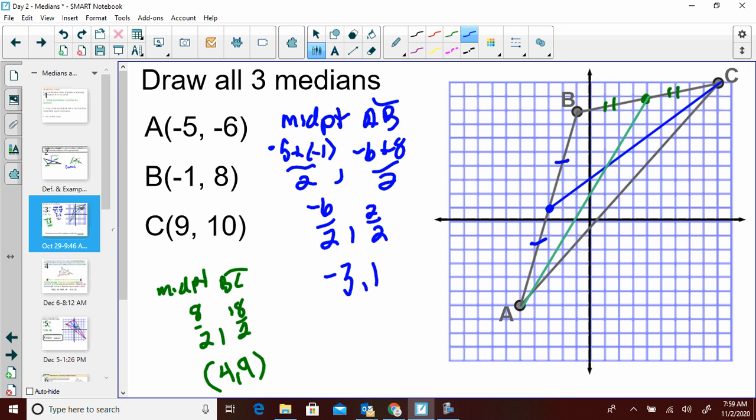And last, I need the midpoint of AC. -5 plus 9 is 4. 10 plus -6 is 4. So 2, 2.